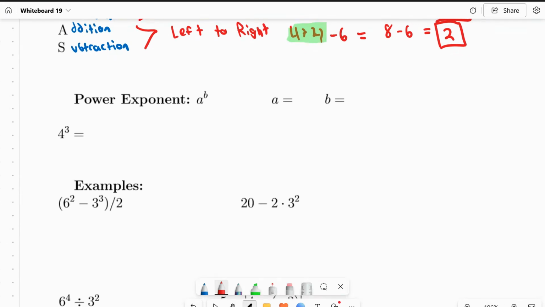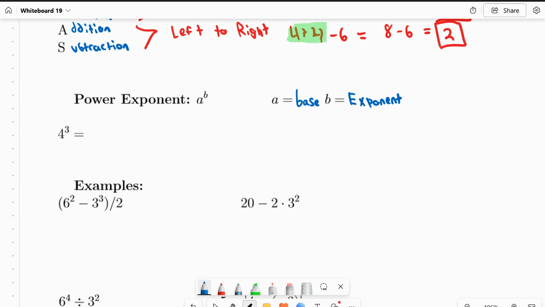So quick review on exponents. An exponent is when you have a small number that is above your base number, which in this case would be the B that is above the A. So for vocabulary on this, A we would consider our base, and B would be considered our exponent.